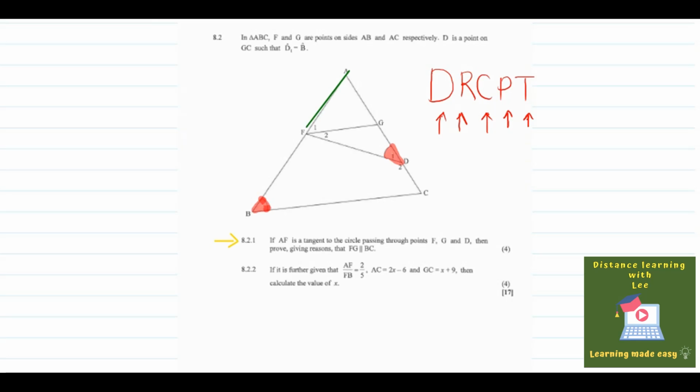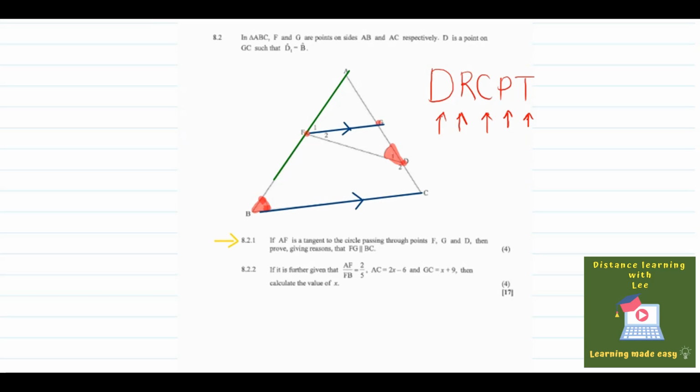So they're telling you this line AF is a tangent to a circle passing through the points F, G, and D, then prove, giving reasons, that the line FG is parallel to the line BC. We need to prove that these two lines are parallel. So that's what we're trying to do, right?